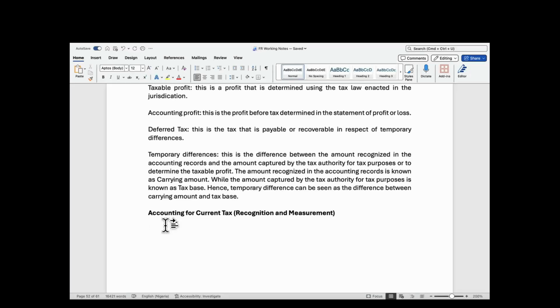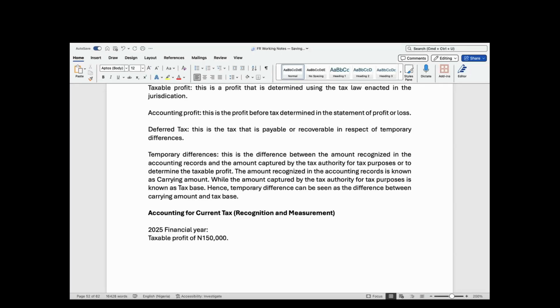So if let's say we have 2025 financial year, this year that just went, and we have a taxable profit of 150,000 for 2025 financial year.